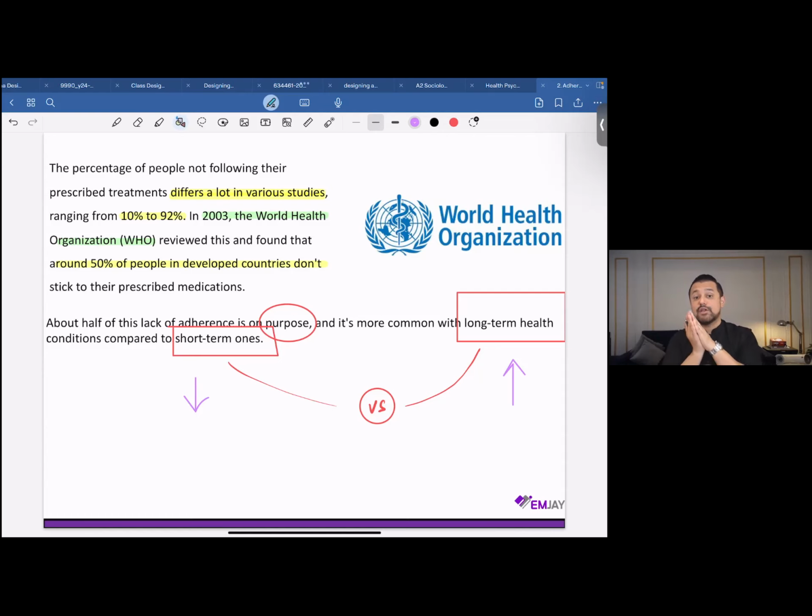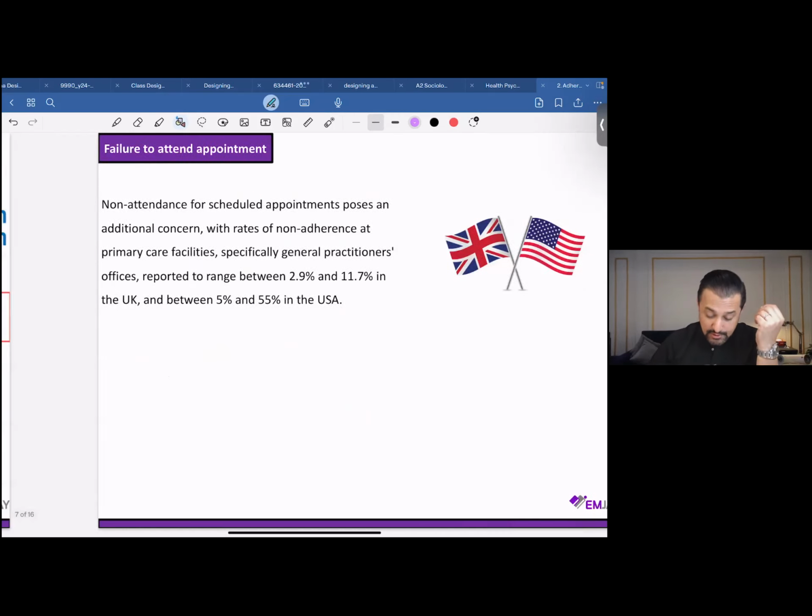In other words, if someone has diabetes or a chronic illness, a condition that has been there for long, the likelihood of the patient not adhering is higher as compared to a short-term medical condition. I hope this has been understood so far.